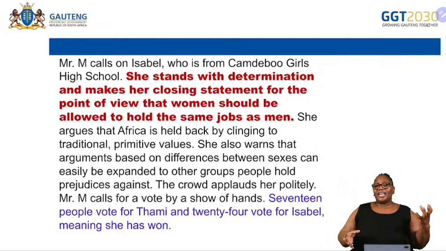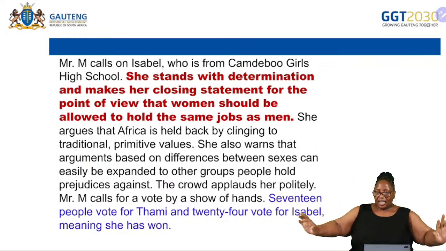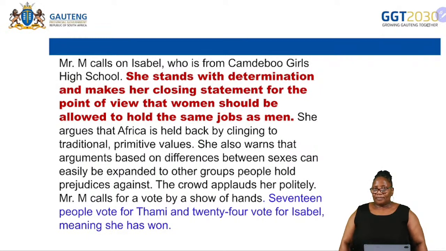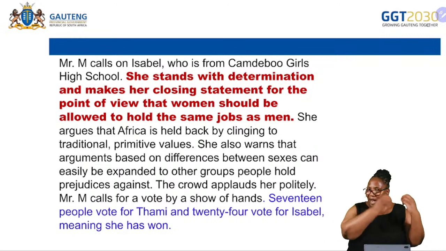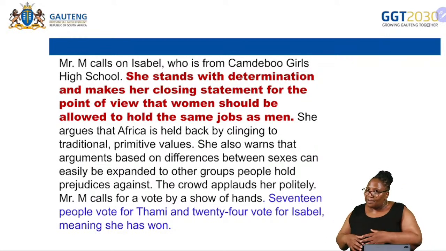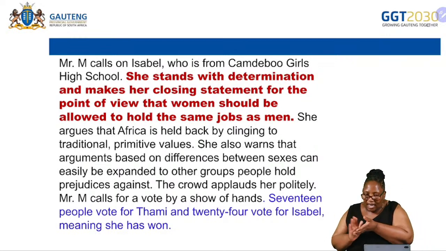Can you differentiate the applauses? At first, when Tammy stood up, there was a wild applause. So if we can ask you about the differences, wild applause, and this time it's a polite applause.